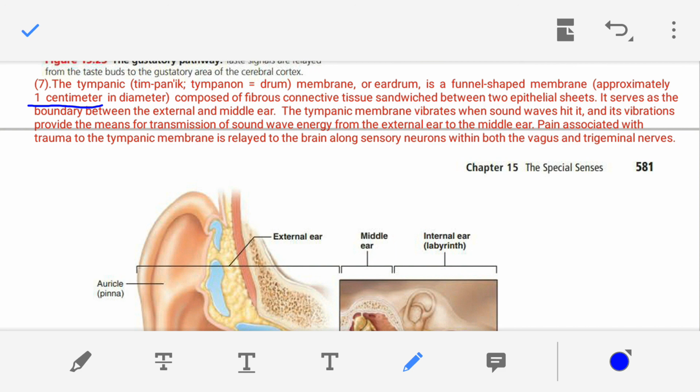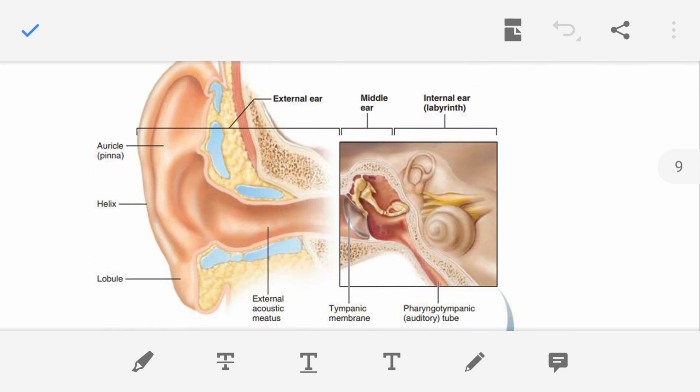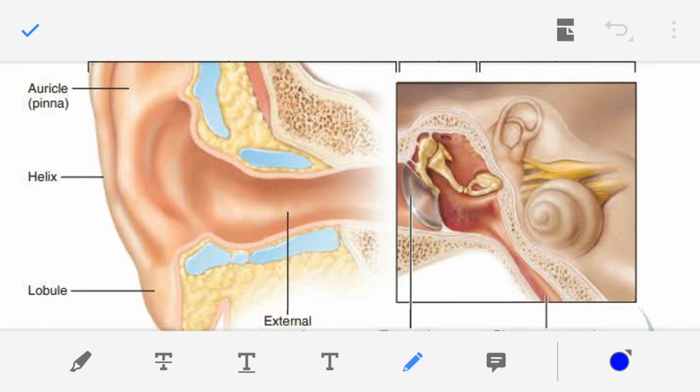And what is this tympanic membrane made up of? The tympanic membrane is composed of fibrous connective tissue, and it is sandwiched between two epithelial sheets. So here, for example, this is one epithelial sheet and this one is the other epithelial sheet.